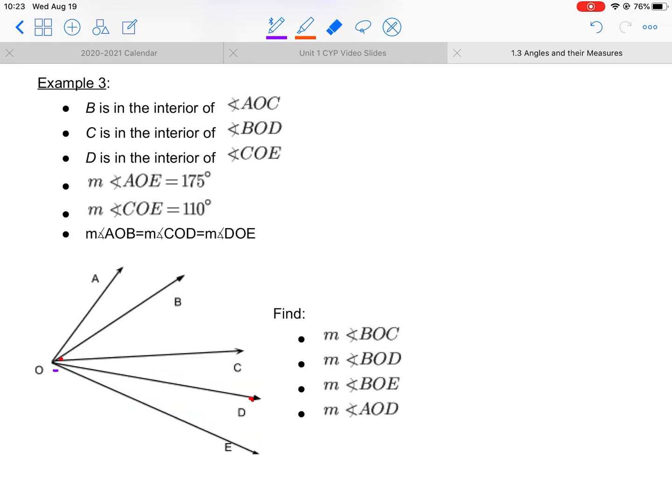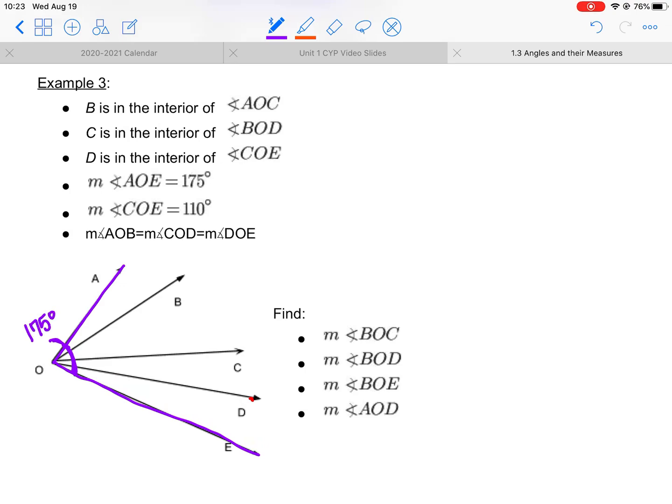Then we are told that the measure of angle AOE, which is this entire angle, is going to be 175. So if I draw an arc that goes all the way across, and then bring it out a little bit so that I know what my measure goes to, this is going to be 175.